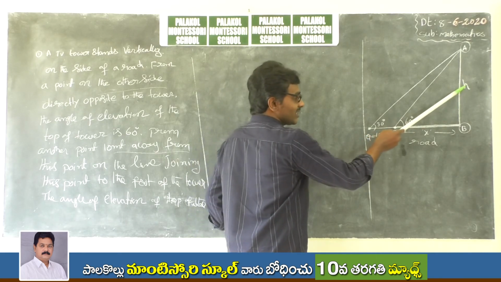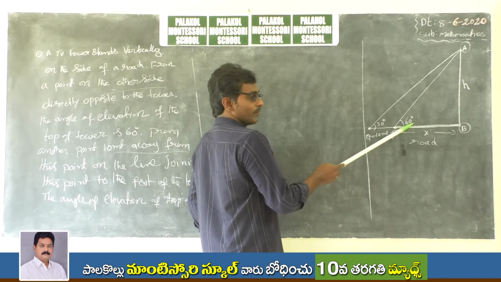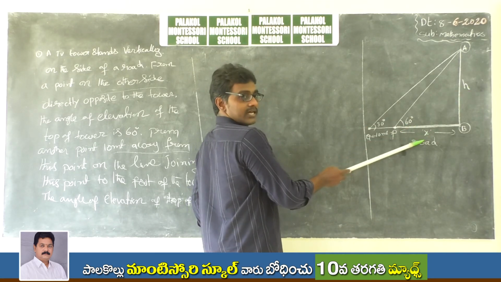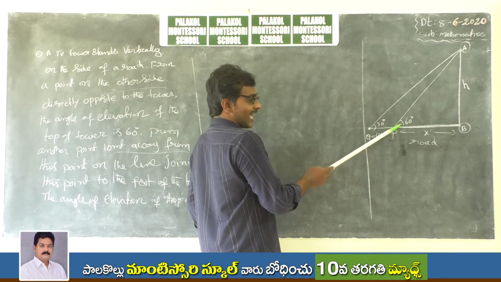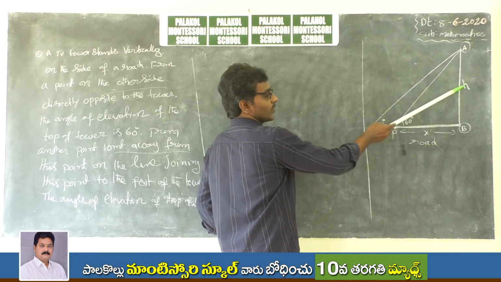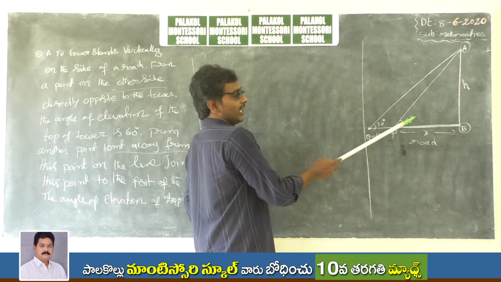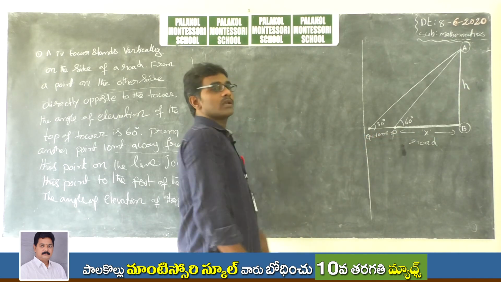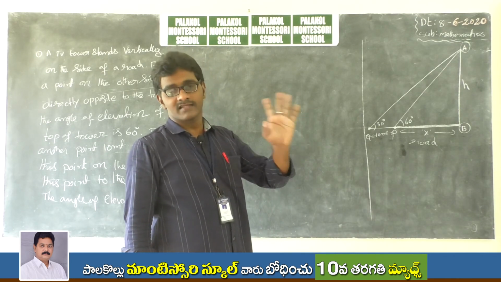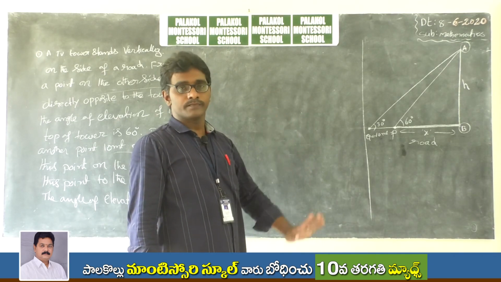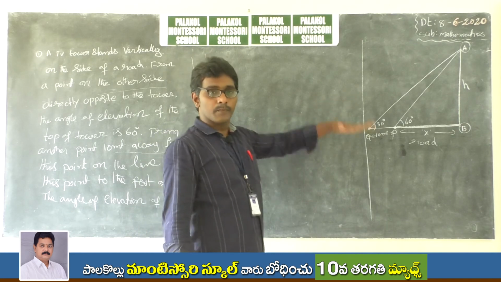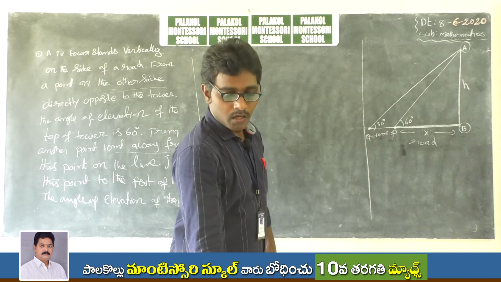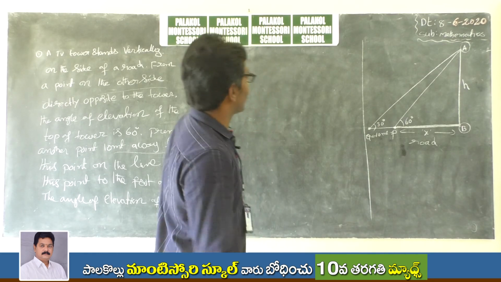So what is the relation between H and X from 60 degrees? Opposite by adjacent side. So tan theta is equal to opposite side by adjacent side. Tan 60 degrees is equal to H by X. That is equation 1. Okay, first you do that part. The remaining part I will explain next. Now, first I write that from the figure.